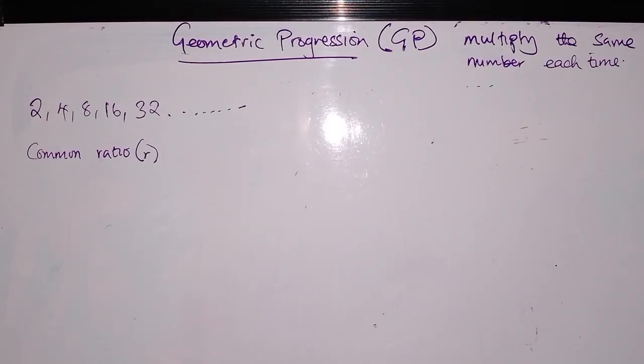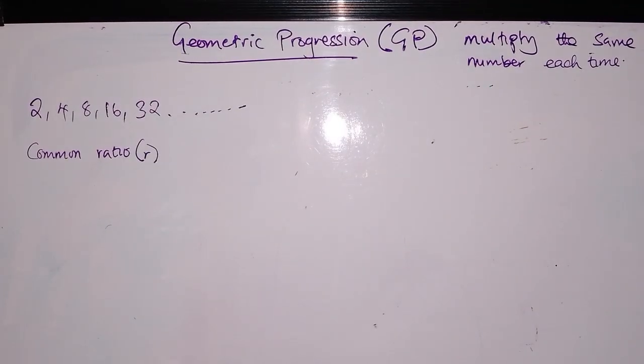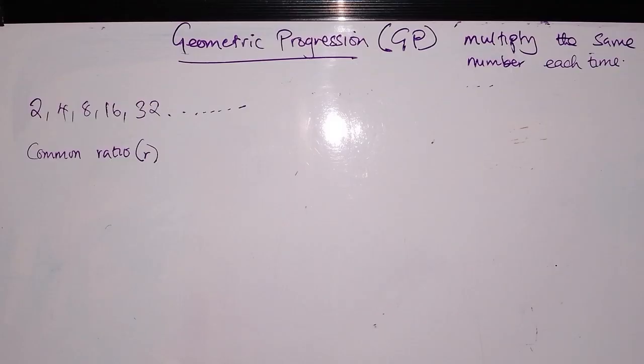If you remember, when we were calculating the common difference in AP, we were subtracting the second term minus the first term. But in this case, since we are multiplying, to find the common ratio we have to divide.